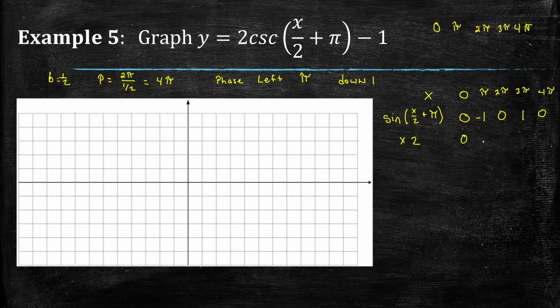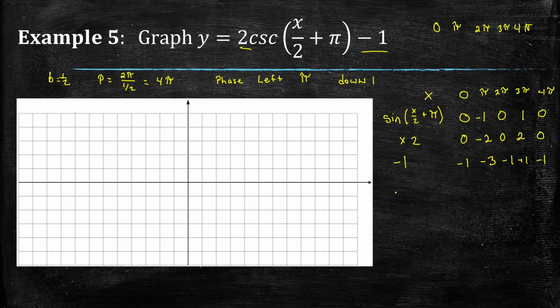So I'm still at 0, but now it's -2, 0, +2, and 0. So that's this part. And then finally, shift down 1, so -1. So each of these points here is -1, -3, -1, +1, and -1.